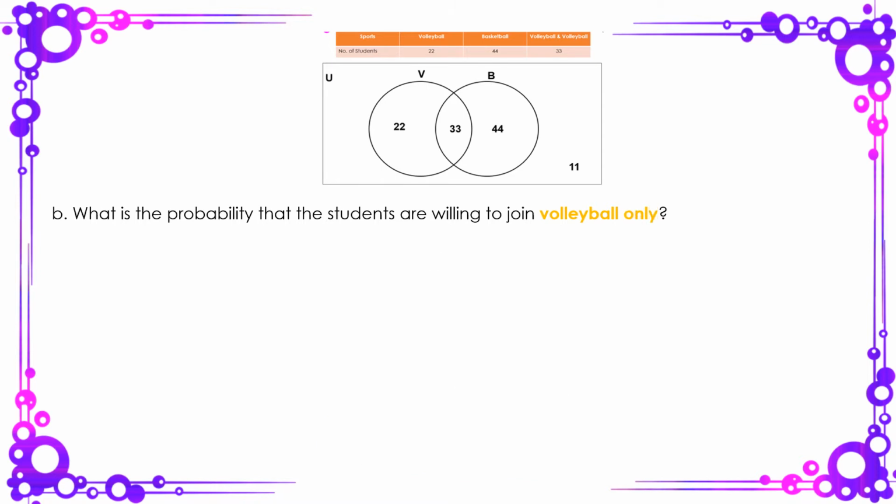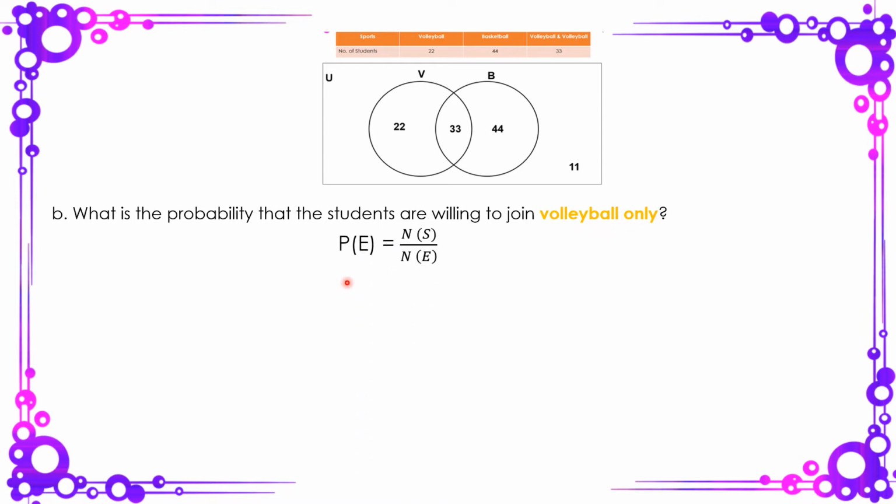Okay, let us now move on to problem number 2 or problem B. The question is, what is the probability that the students are willing to join volleyball only? You can see here the word only.